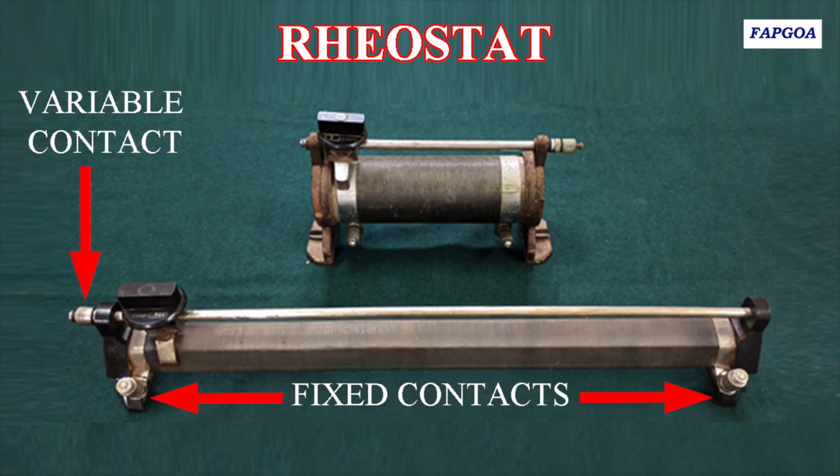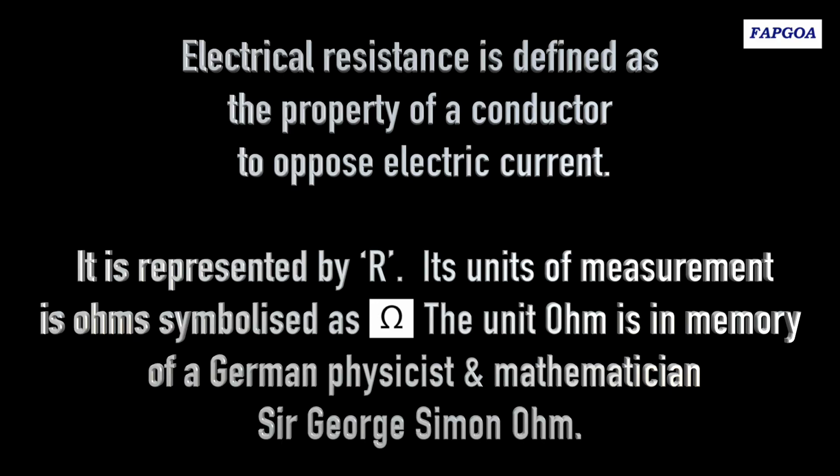Examples of resistances used in electrical laboratories. These are called rheostats. Electrical resistance is defined as the property of a conductor to oppose electric current.